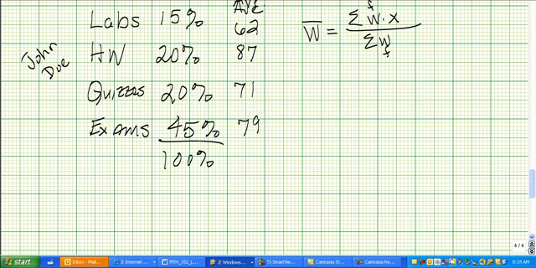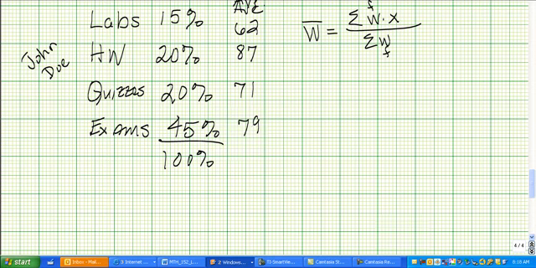So what I've done is I've averaged the labs together to come up with the 62 average in labs, homework an 87, quizzes a 71, and exams 79.